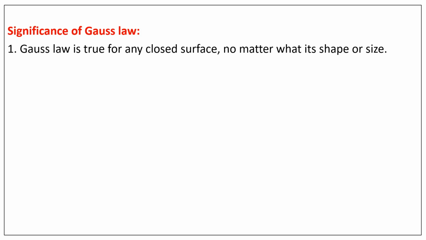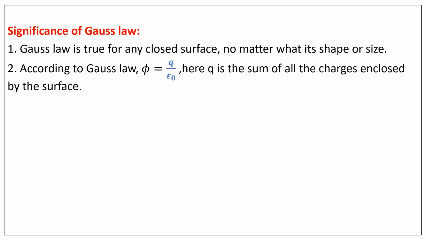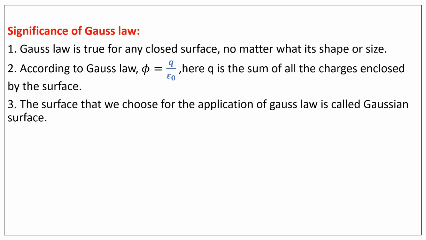Significance of Gauss's law. 1. Gauss's law is true for any closed surface, no matter what its shape or size. 2. According to Gauss's law, phi is equal to Q by epsilon naught. Here Q is the sum of all the charges enclosed by the surface. 3.